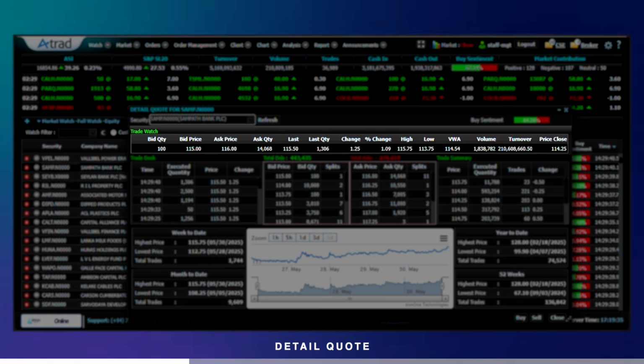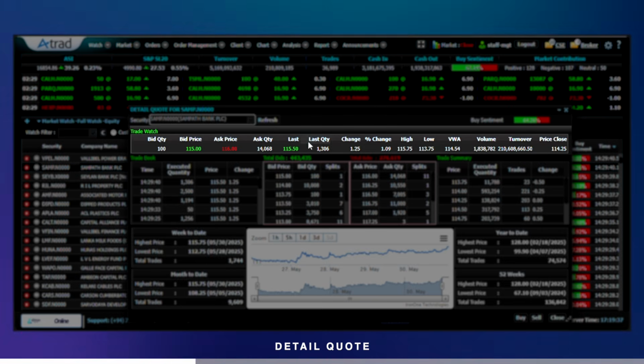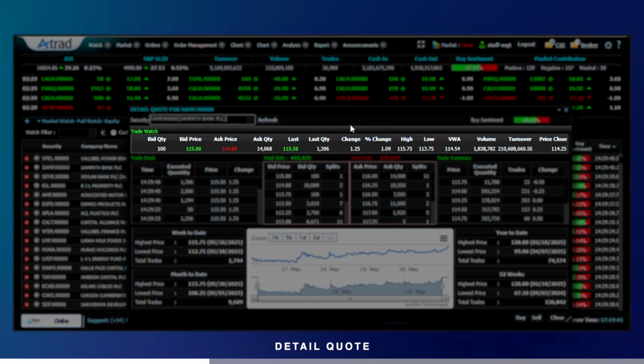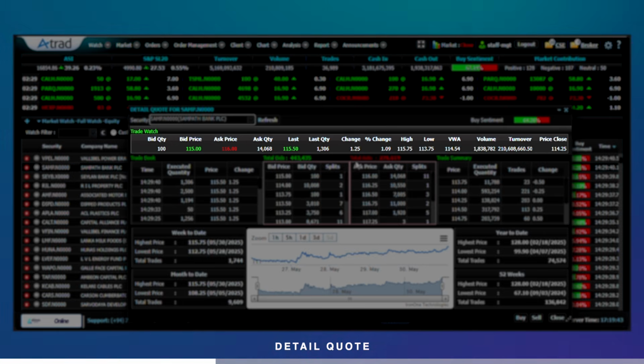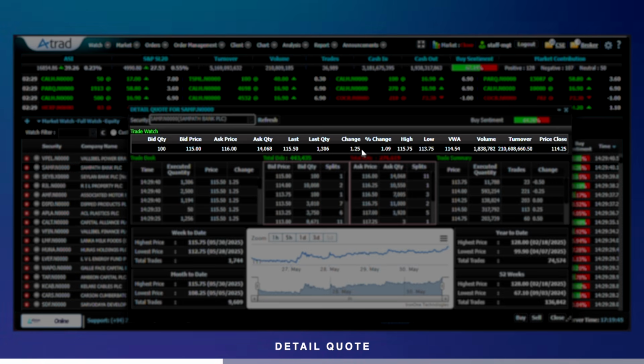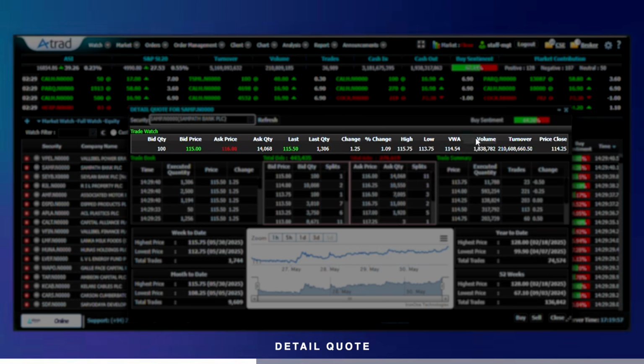In the first transaction, which is the latest one, you see the last transaction price and quantity, the percentage change from the previous transaction, the highest price the stock has traded at today, the lowest price, the volume weighted average, and also the volume, the number of shares that have been traded, and the turnover generated from the trades that happened in the market.